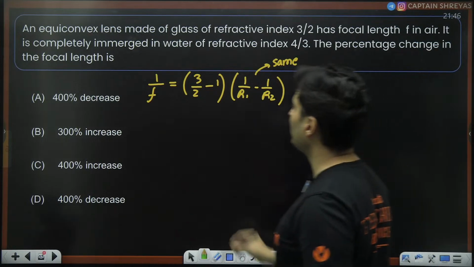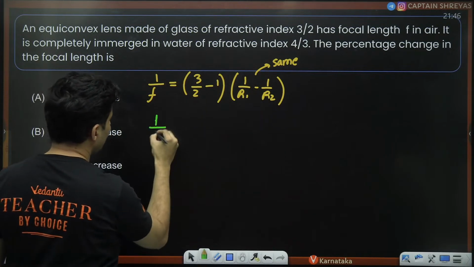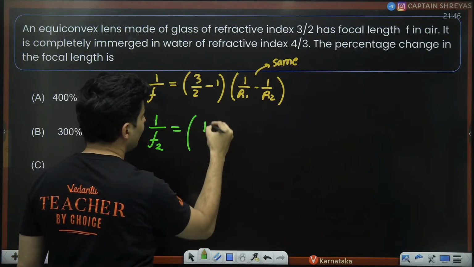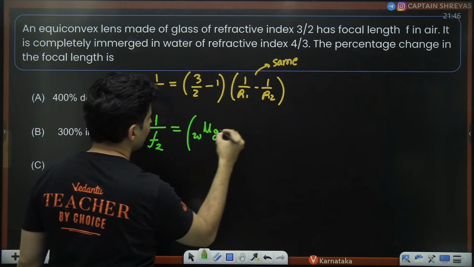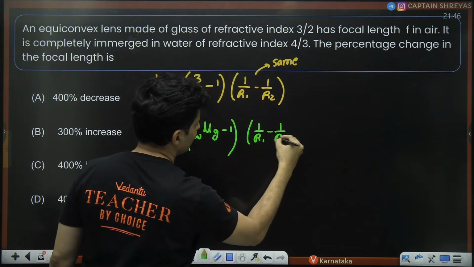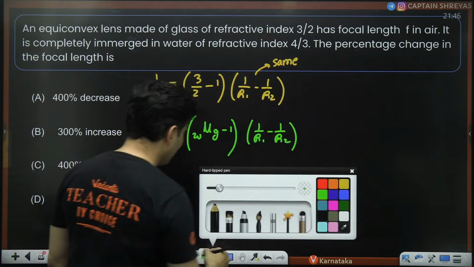Next, it is immersed in water of some refractive index. Don't you see? It's a very similar problem. It is now the relative refractive index of glass with respect to water, and this is again 1 by R1 minus 1 by R2. You just have to divide both of them and you will get the answer.